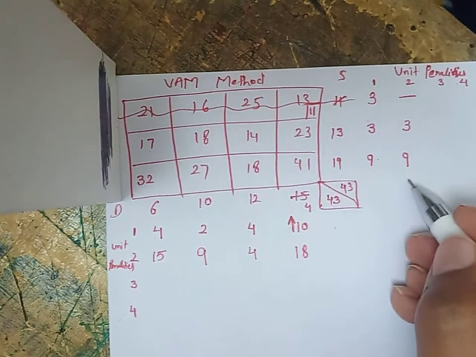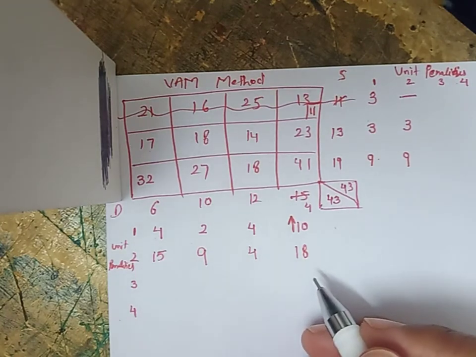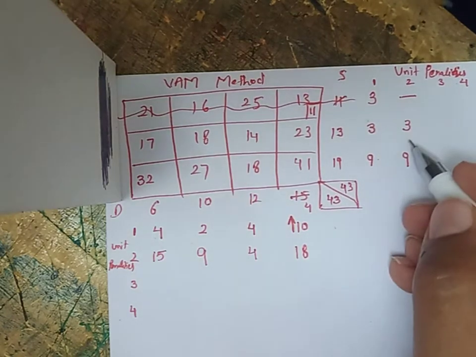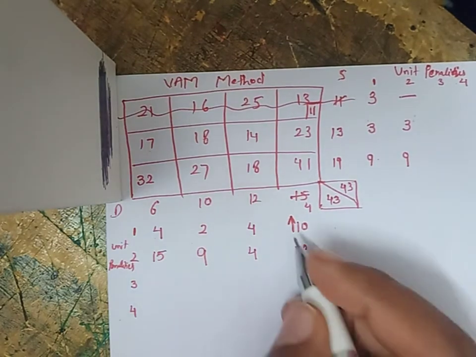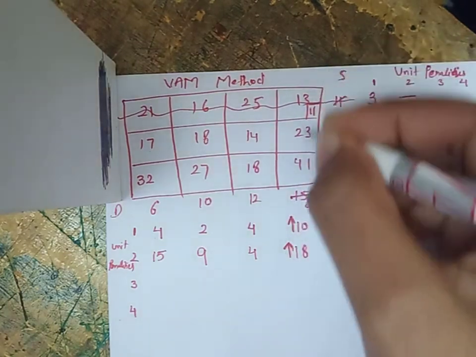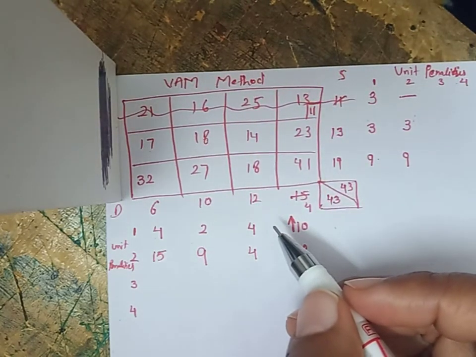Now again we have calculated all the unit penalties, and the highest unit penalty is to be selected. The highest value among all these is 18. We will enter through this column. And where is the allotment to be made?